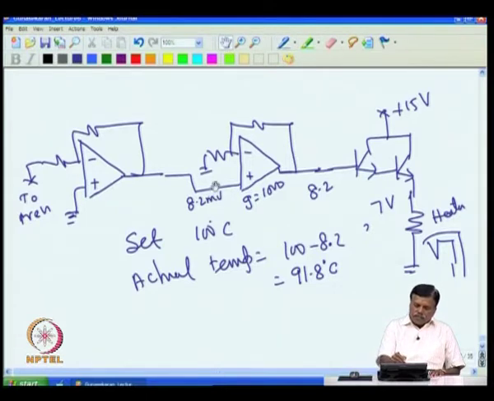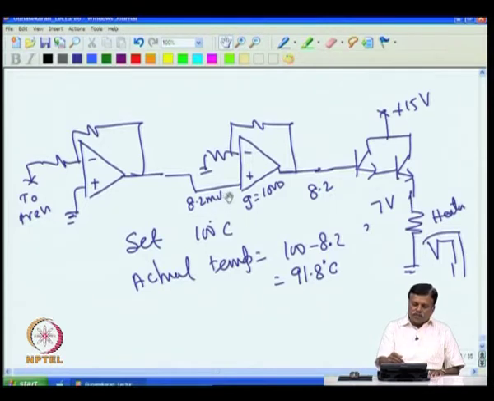The difference between the actual temperature and set temperature will be 8.2, that means actual temperature is 91.8, set temperature is 100, the difference is 8.2. That 8.2 will come here as 8.2 volt because the gain is 1000, and you will get 7 volt here, and we assumed 7 volt is what is required to maintain around 100 degree C. So this system will stop here.